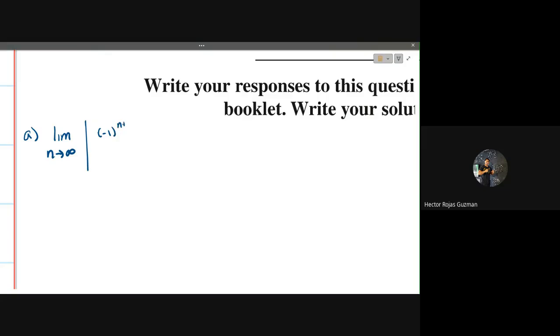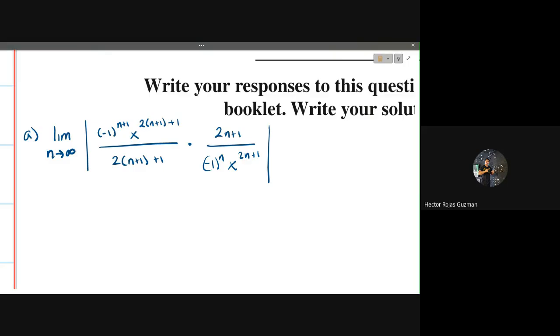Negative 1 to the power of n plus 1 times x to the power of 2n plus 1 plus 1, divided by 2n plus 1 plus 1, and then times the reciprocal of the original. That's your first point. But again, we didn't write the limit. We didn't write absolute value. So we missed the first full point.